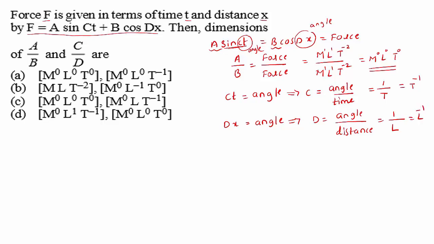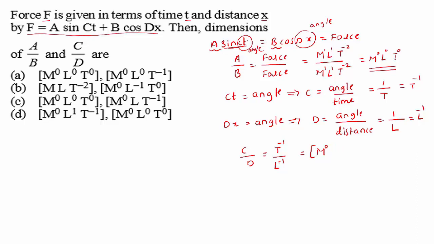Now we got the values of C and D, but we want C divided by D. C means T raised to minus 1 divided by D means L raised to minus 1. Then what is the dimensional formula? Mass M raised to 0 and T raised to minus 1.